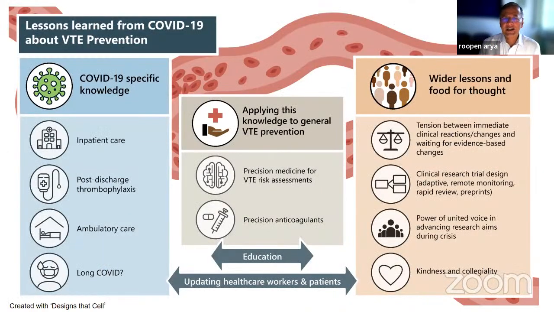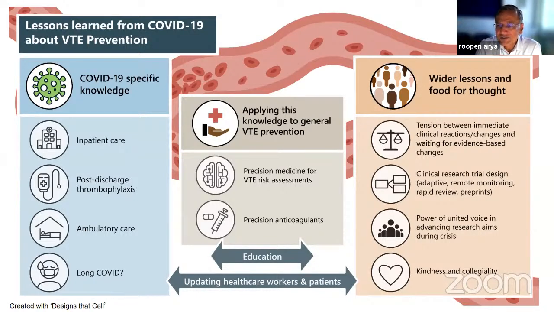So in summary, what are the lessons we have learned from COVID-19? Clearly, there's the COVID-19 specific knowledge about how to look after inpatients with COVID, not to generally give post-discharge prophylaxis.